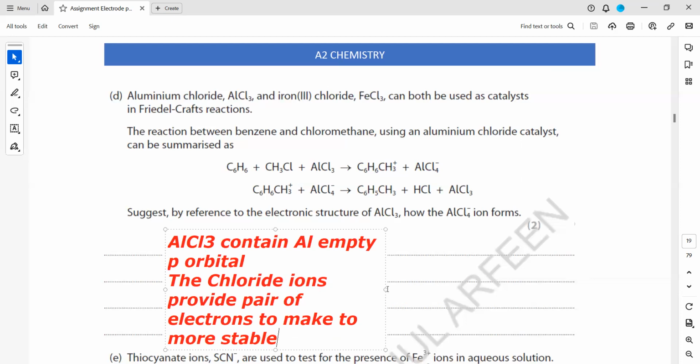Any doubt in this part? The formation of AlCl4 from AlCl3.